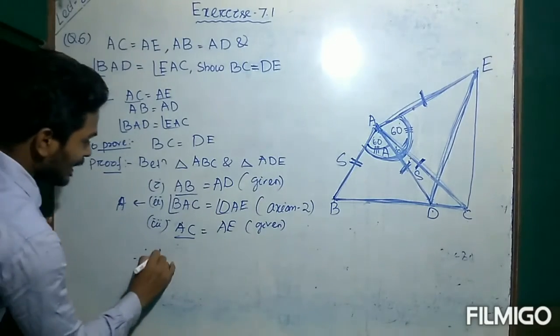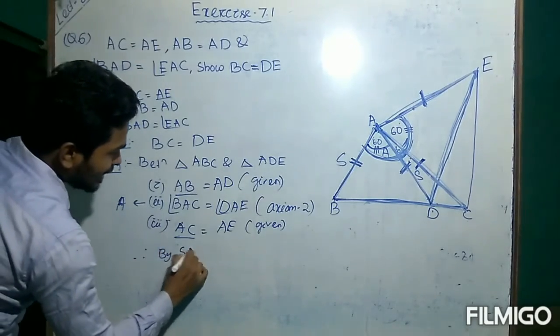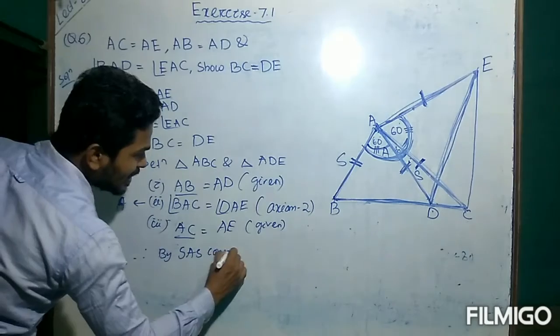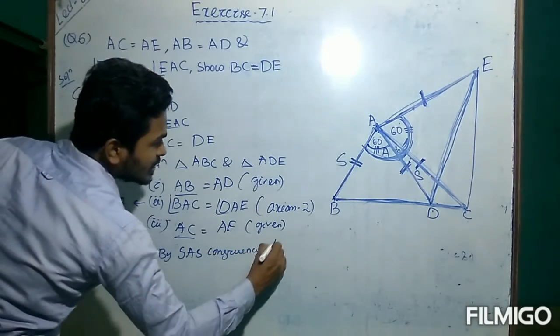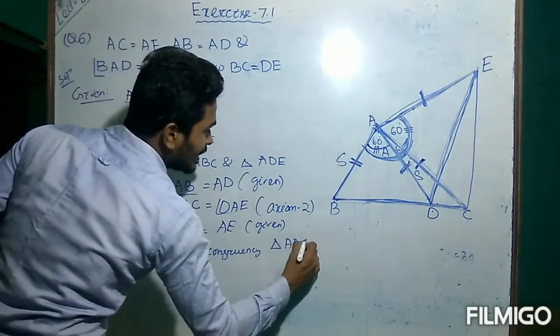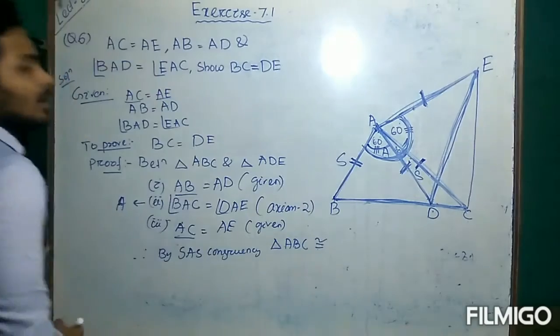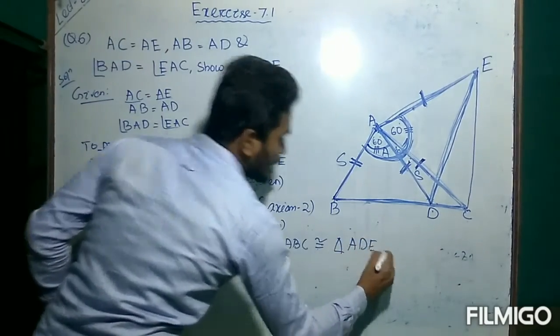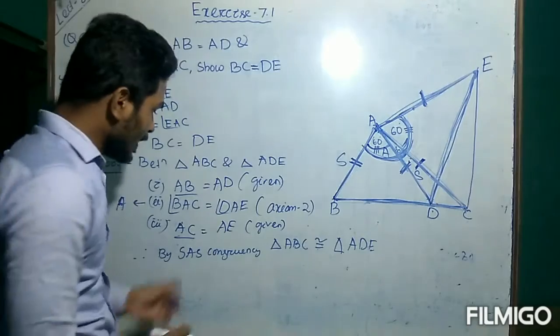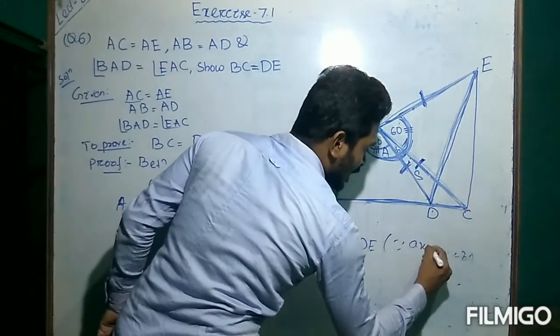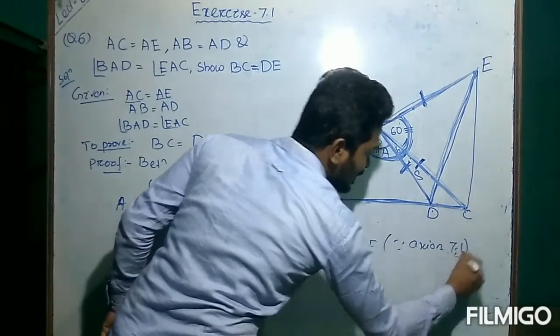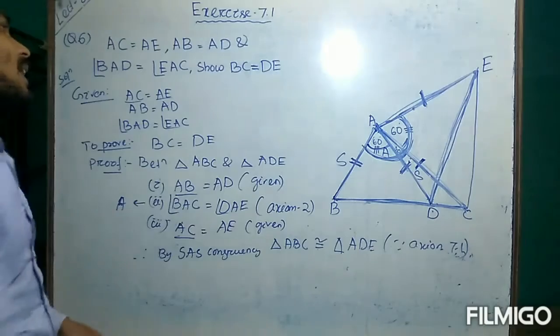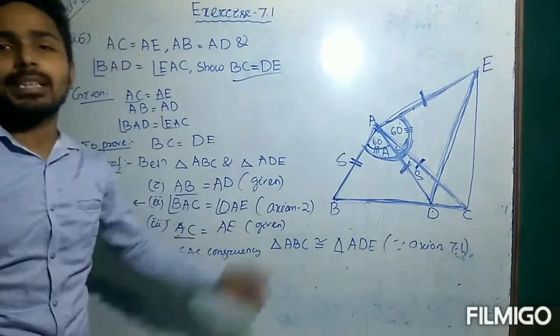So we can write, by SAS congruency, triangle ABC is congruent to triangle ADE. You can write by SAS congruency or axiom number 7.1.